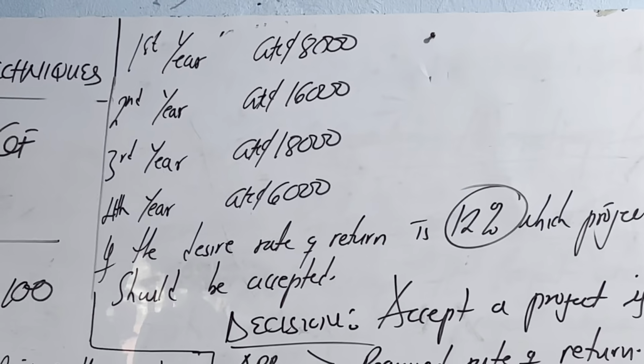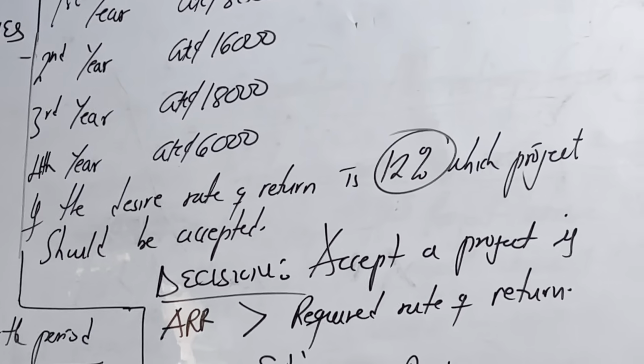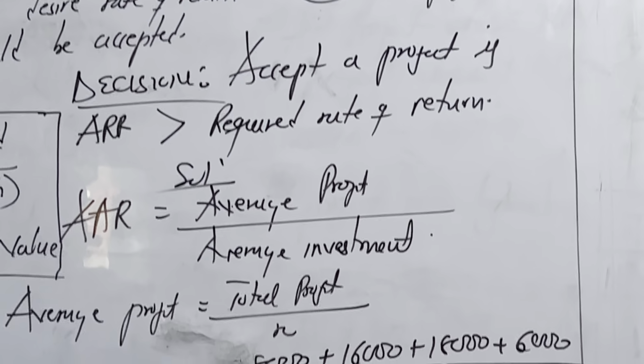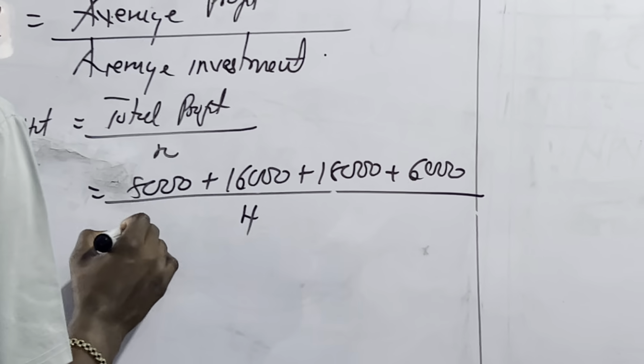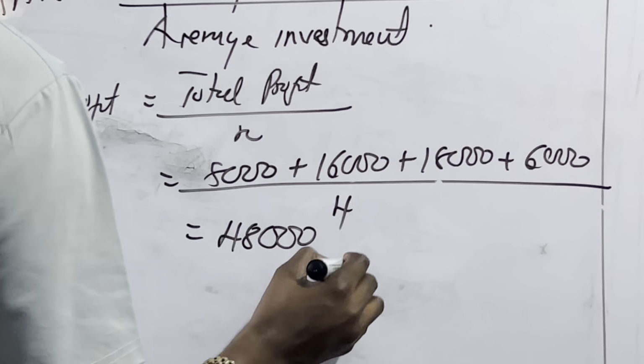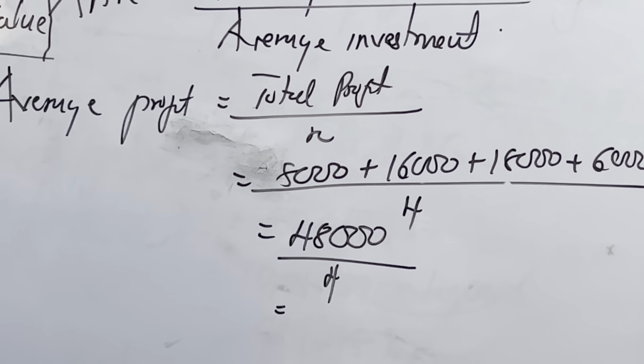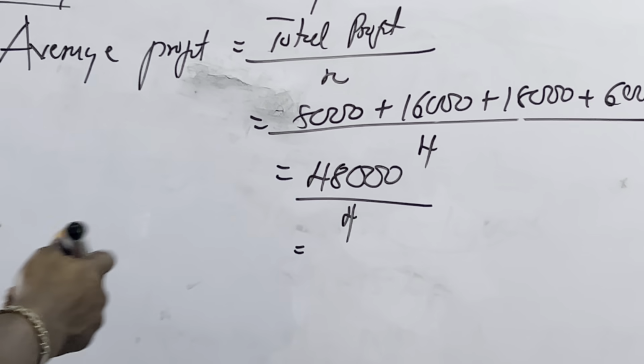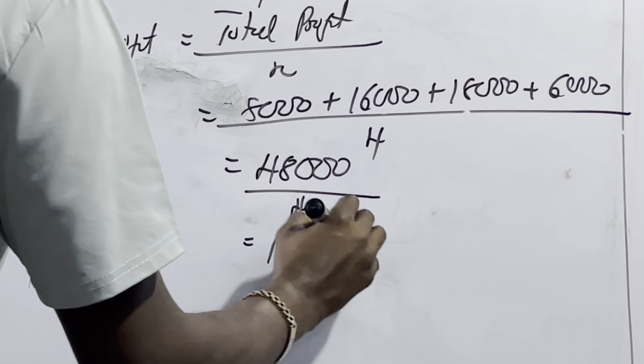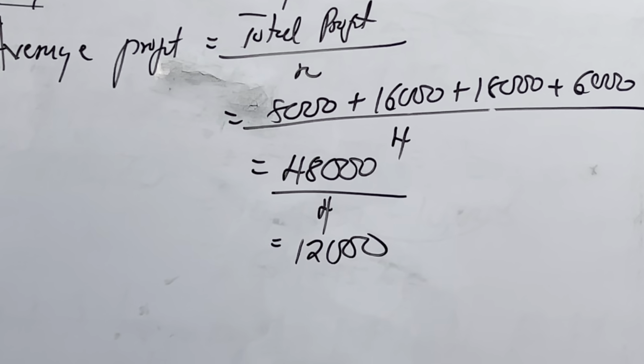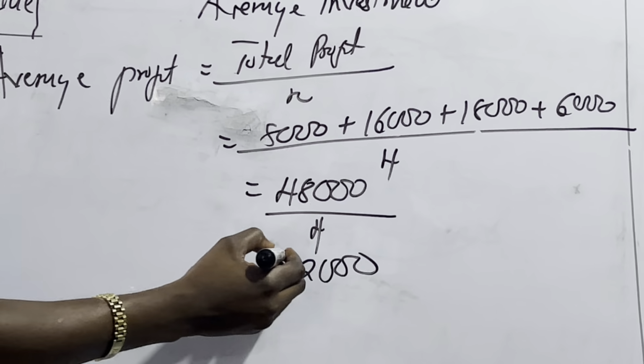So we have 8 plus 16 plus 18, then plus 6. And that will give us 48,000. So we divide 48,000 by 4 to give us 12,000. So this is our average profit, in Ghana cedis.